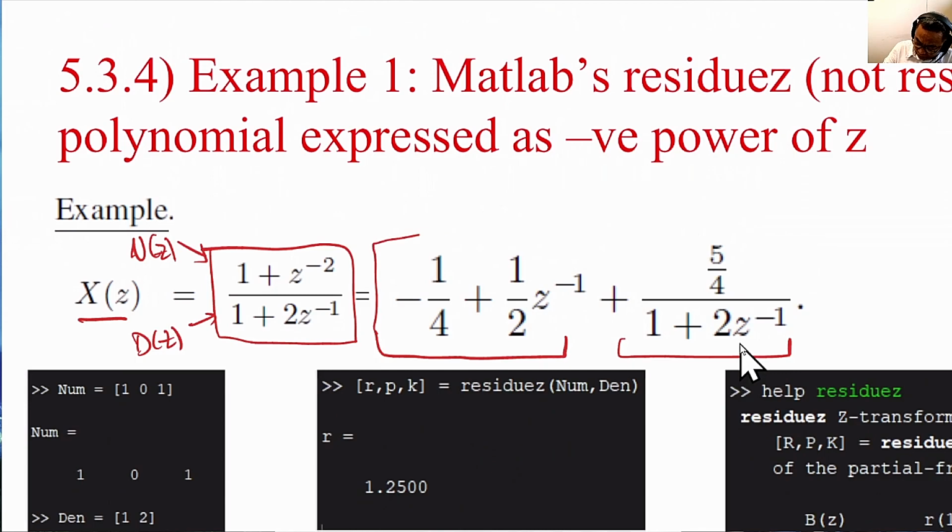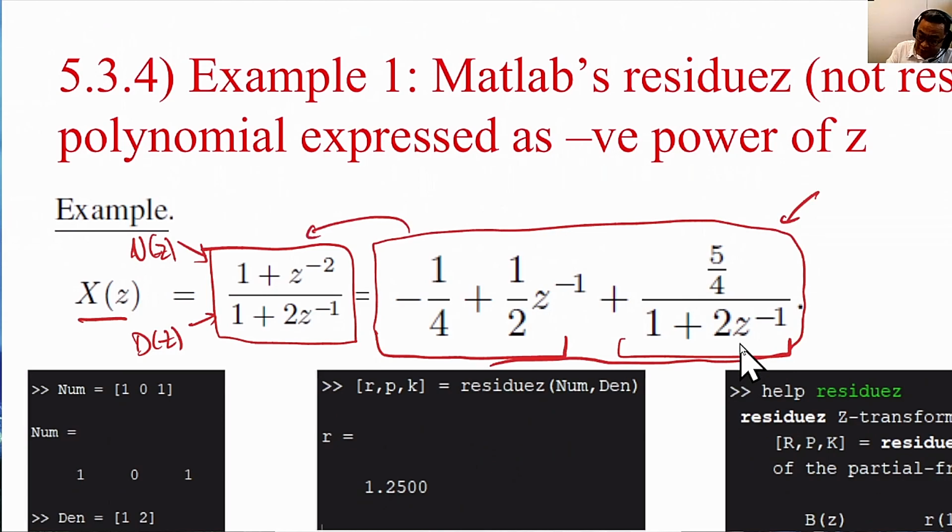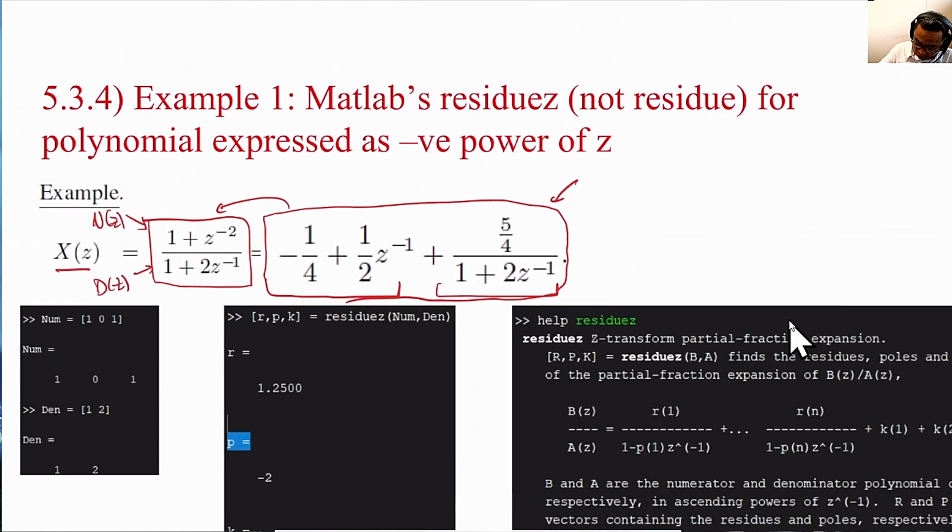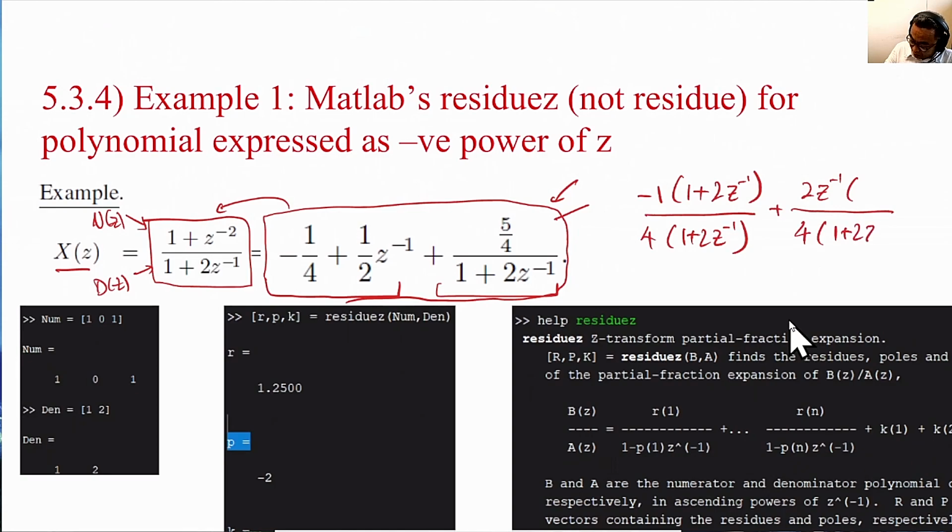Now, how do you do that? One way to check is this. You take this expression and collapse the denominator together. To check, simply do this: it is minus 1 multiplied by (1 plus 2z^-1), over 4 times (1 plus 2z^-1). Then this other term is 2z^-1, so the bottom is 4 times (1 plus 2z^-1).